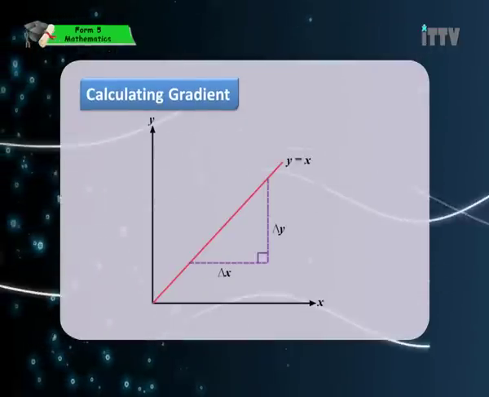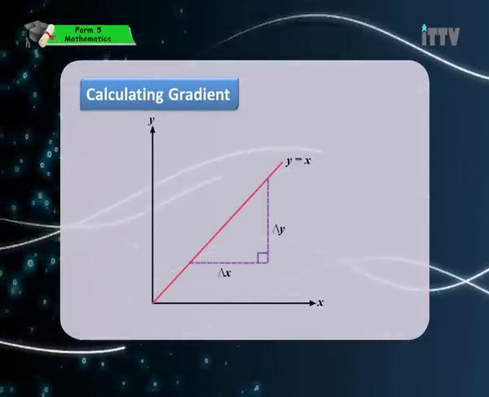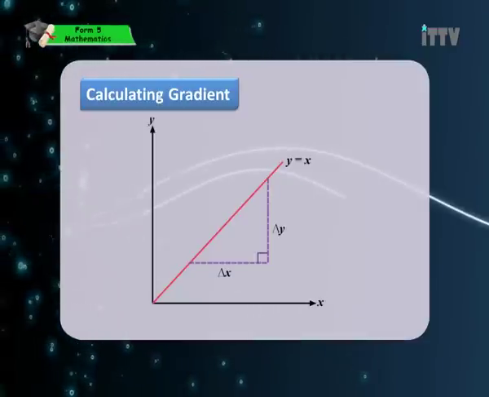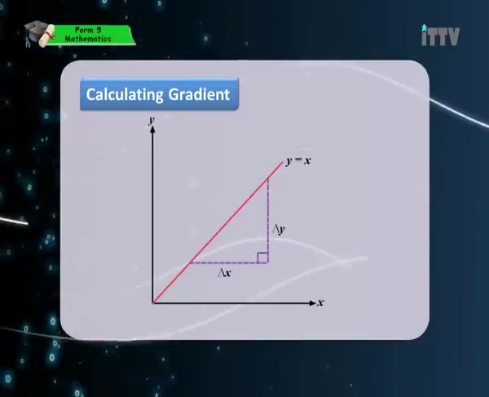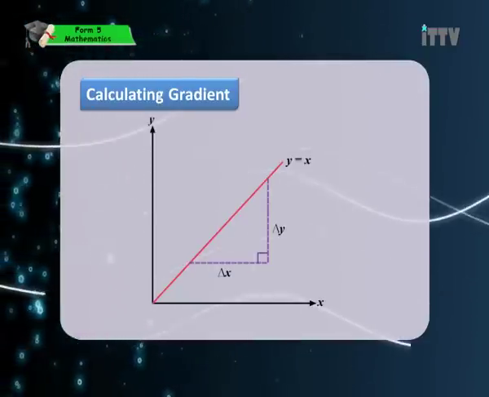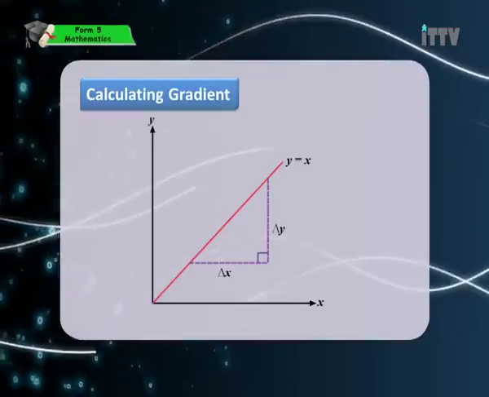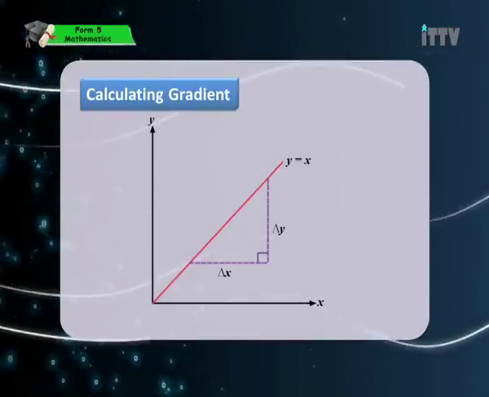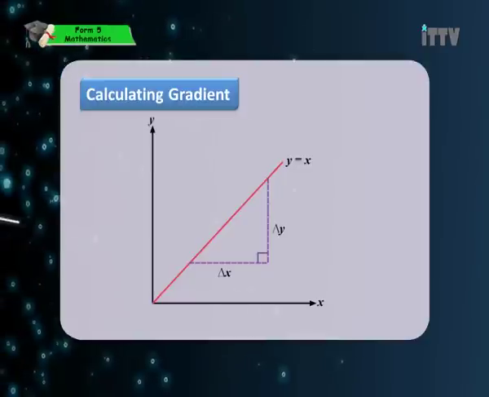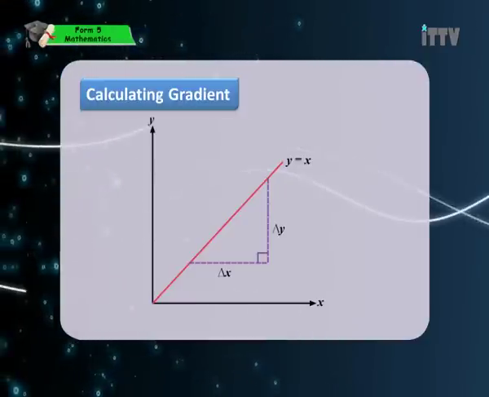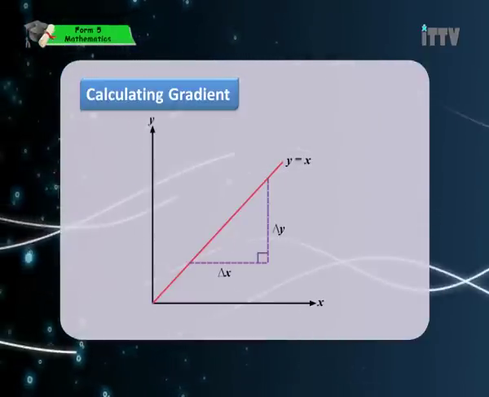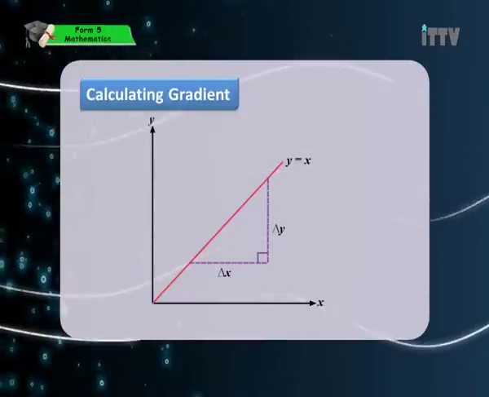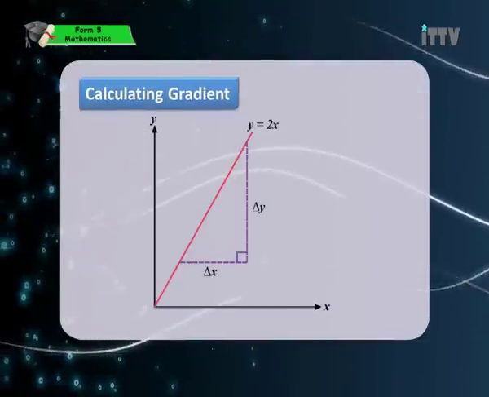Now, let's go to a line with a higher gradient, y equals x. Same thing: as long as you want to calculate the gradient, just pick any 2 points and draw a right angle triangle and determine the vertical distance, which is the height between the 2 points, as well as the horizontal distance.